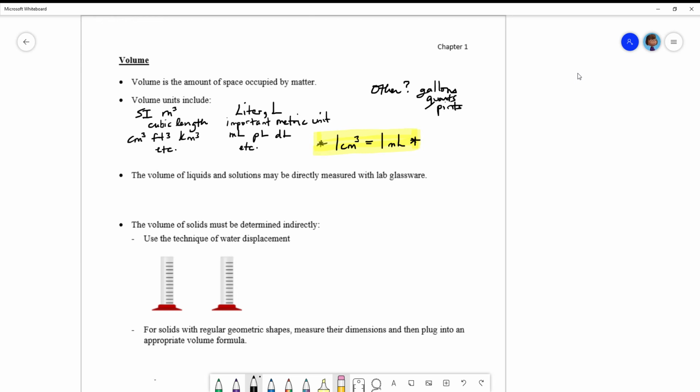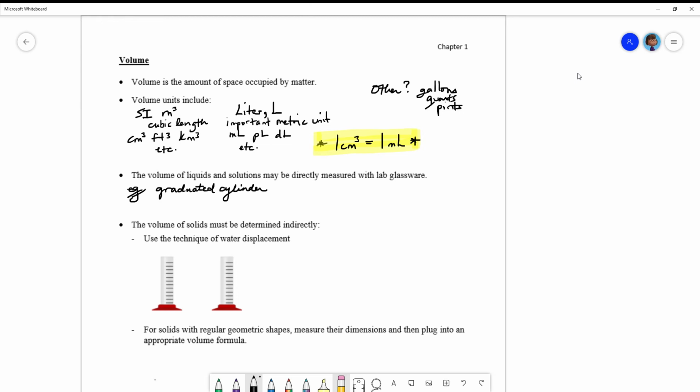Now, let's talk about how we measure volume. Turns out if we want to measure the volume of either a liquid or a solution, we can do so directly by using the appropriate type of lab glassware. So, for example, the most common type of lab glassware used to measure volume, liquid volume, solution volume, is of course the good old graduated cylinder, which is provided to every student in a real live in-person lab.